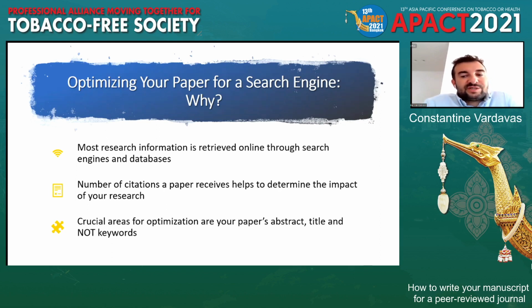So make sure your keywords are straightforward and linked to what you're looking for in your paper, but also your title has areas that are linked to your keywords that are of interest. So if you're doing a study on smoking cessation, you want to keep the words smoking cessation in there.